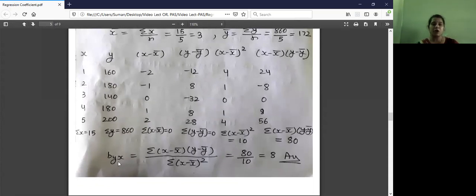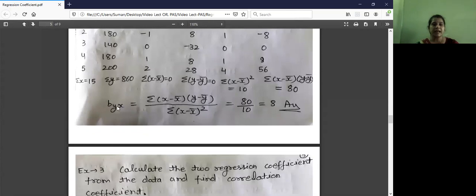Regression coefficient of y on x, byx is equal to what? Summation x minus x bar into y minus y bar divided by what? Here we write the x. Last time we used the variable x. So in the denominator we write summation x minus x bar whole square.